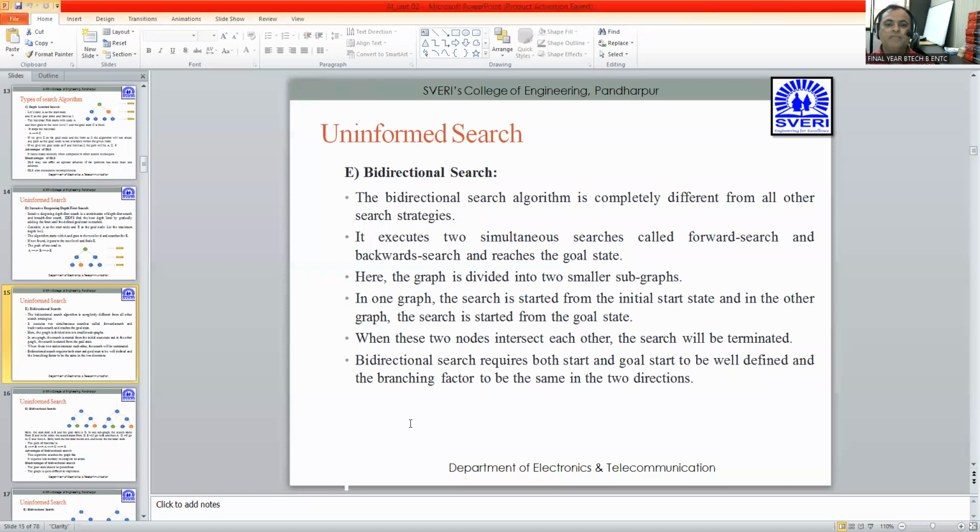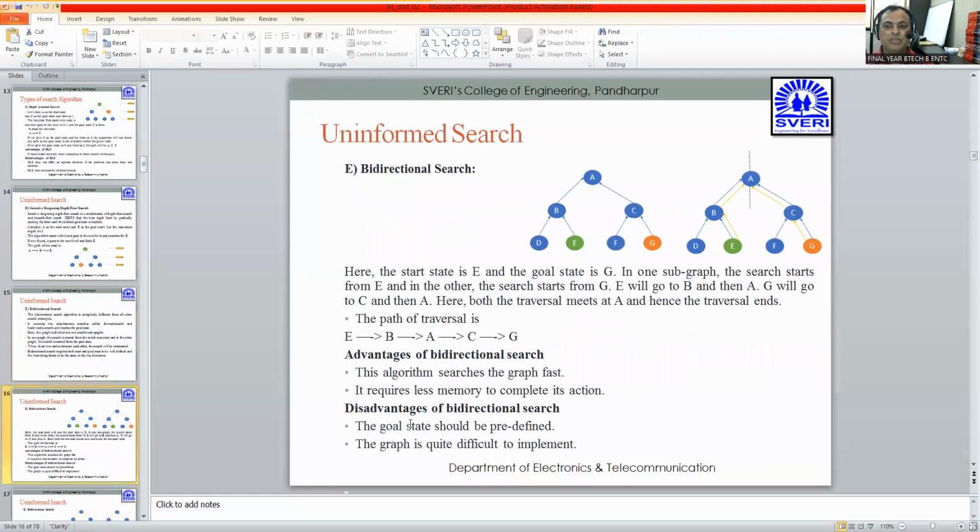In the other graph, it will start from the destination node and reach the initial node. The point where both of them intersect, there it will terminate. So in this way it starts from both the start and goal state, with a well-defined branching factor to be the same in two directions. This is how bidirectional search works.